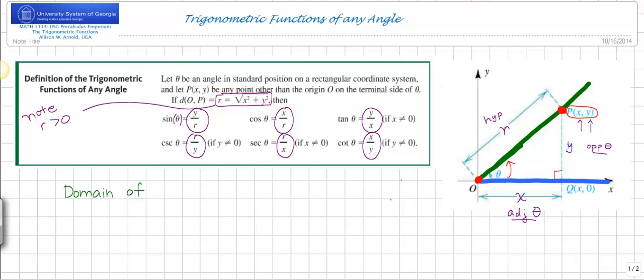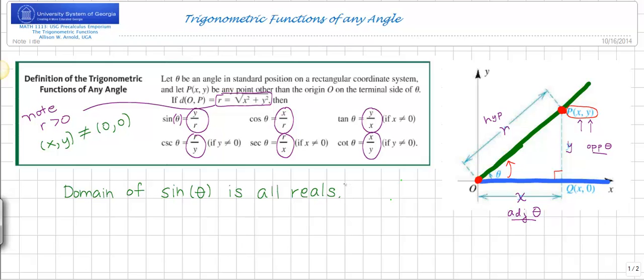And x and y, however, can be anything except the vertex point. So x and y can be anything except them both being 0. For that reason, for the domain of the sine function, if you look at the definition y divided by r, you're never dividing by 0. y is always defined as a real number. So the domain of sine of theta is all reals.